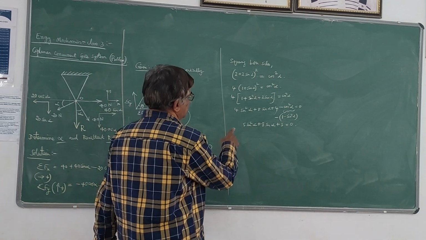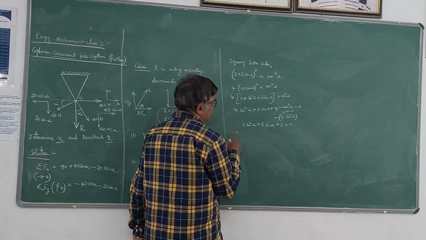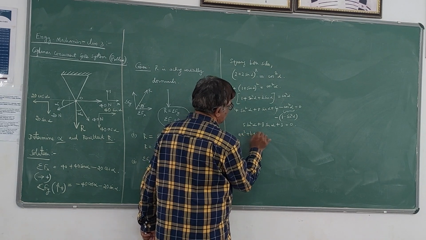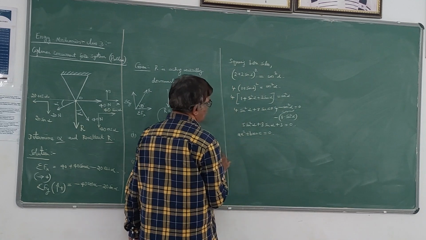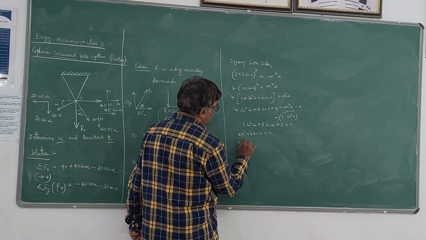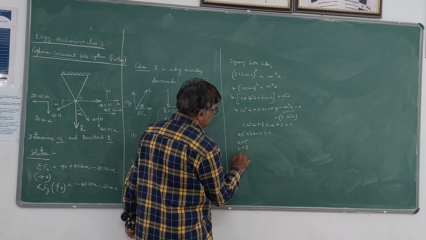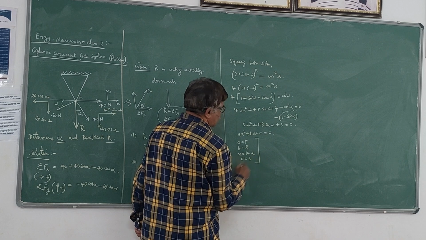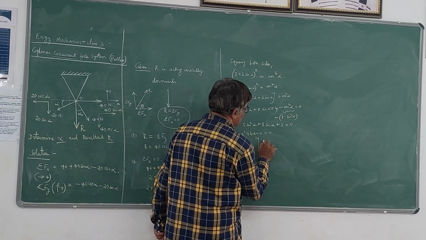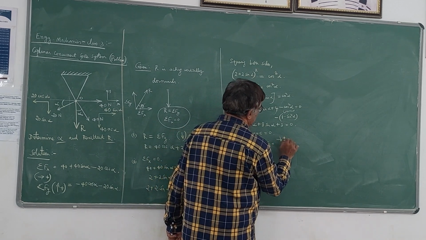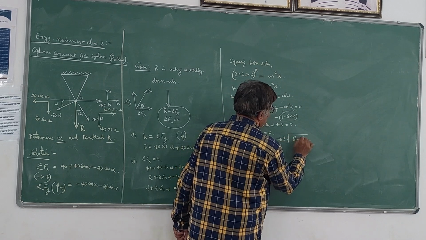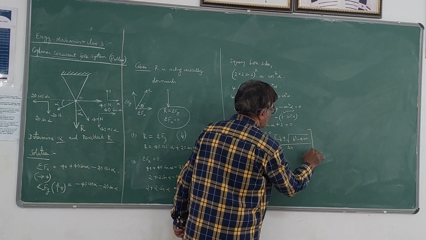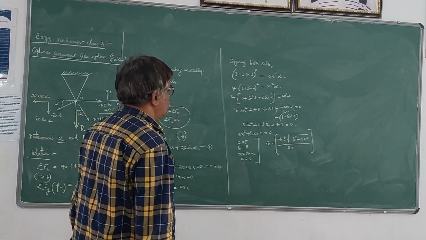Now you can see that this is a quadratic equation in sin alpha. You can compare that with the equation ax square plus bx plus c is equal to 0, where a is 5, b is 8, x is sin alpha and c is 3. The solution of this quadratic equation is x is equal to minus b plus or minus square root of b square minus 4ac, divided by 2a.